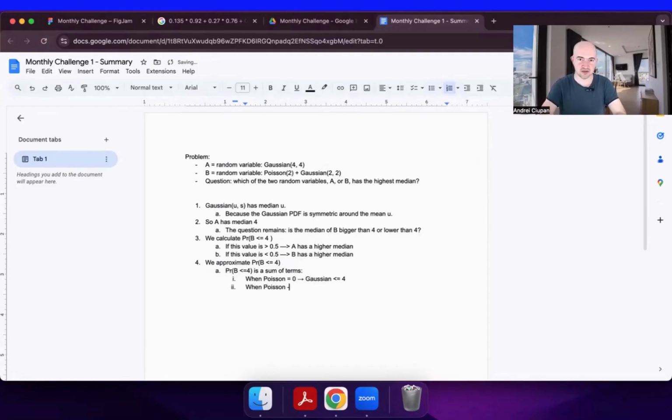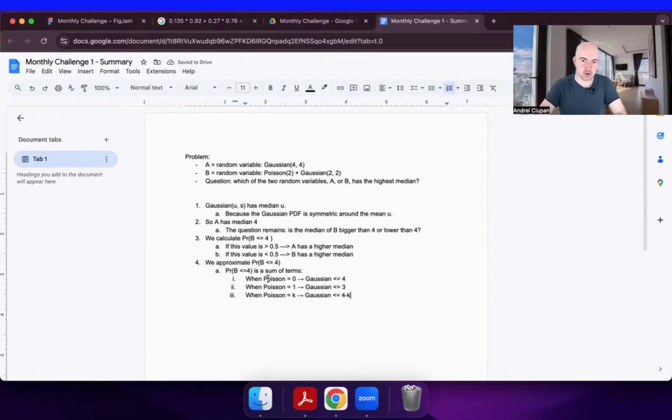When the Poisson is equal to 1, we require the Gaussian to be less than or equal to 3, and so on. In general, when the Poisson is equal to k, we require that the Gaussian is less than or equal to 4 minus k.